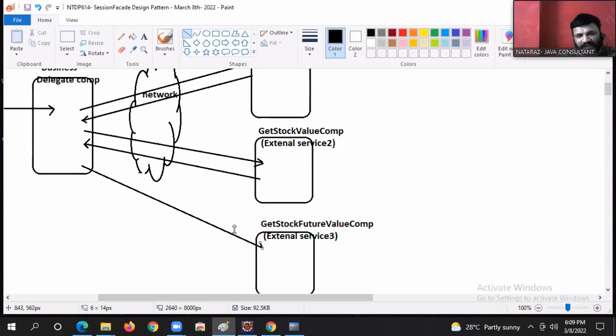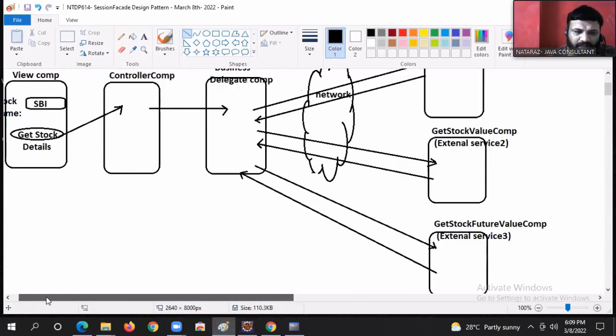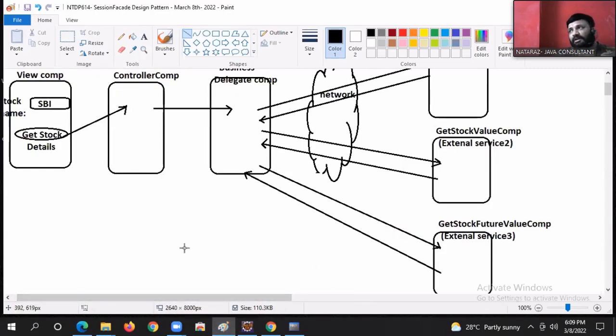Passes the stock ID, gets the current stock value. Passes the stock ID, gets the future stock value. Are you comfortable, my dear? Are you understanding my statement, boss?